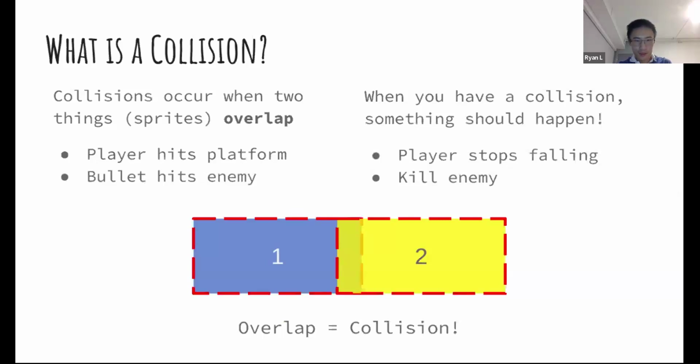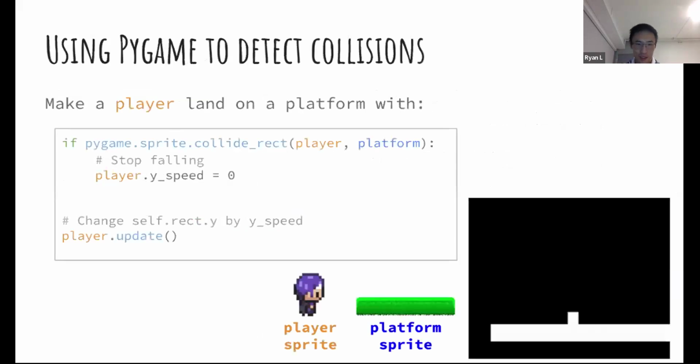Collisions, basically how you detect them is literally just if two rectangles, they're almost always rectangles, are overlapping, like the rectangles for a sprite, then the collision's true. You decide what you want to happen, right? There are actually some collision implementations that don't use pygame.sprite.collide_rect.